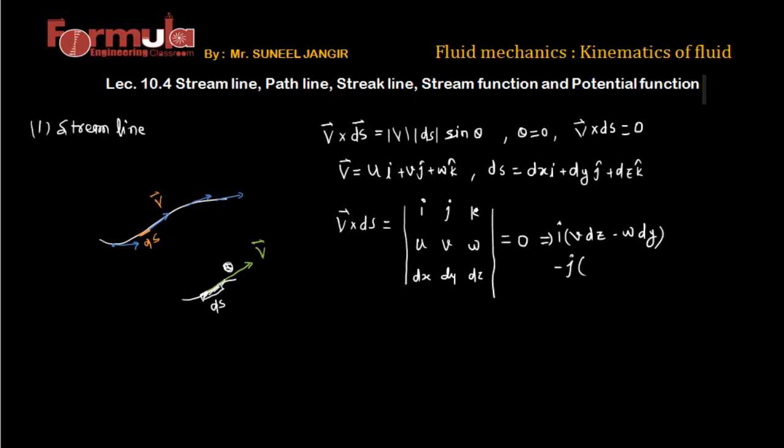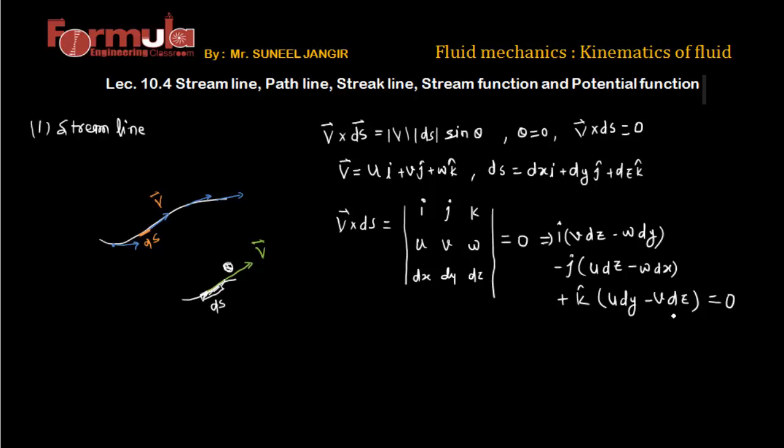When we are taking the j, leaving this column and this row, we get u dz minus w dx, and plus k. Leaving this row and this column, we get u dy minus v dz. Okay, and this whole term is equal to 0.